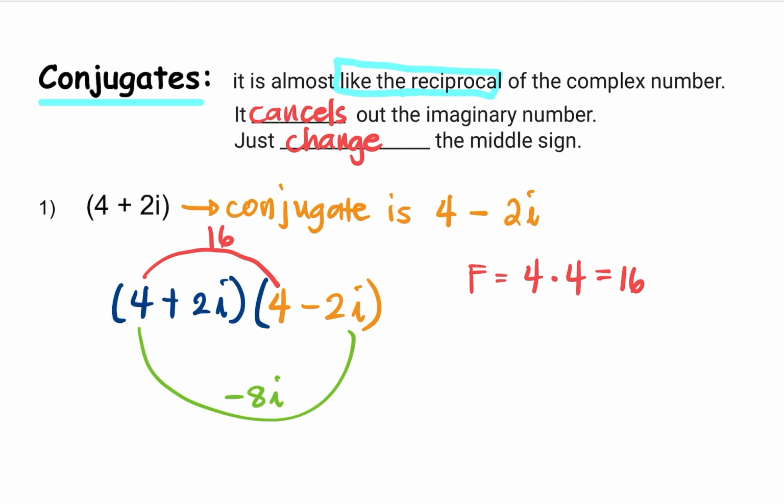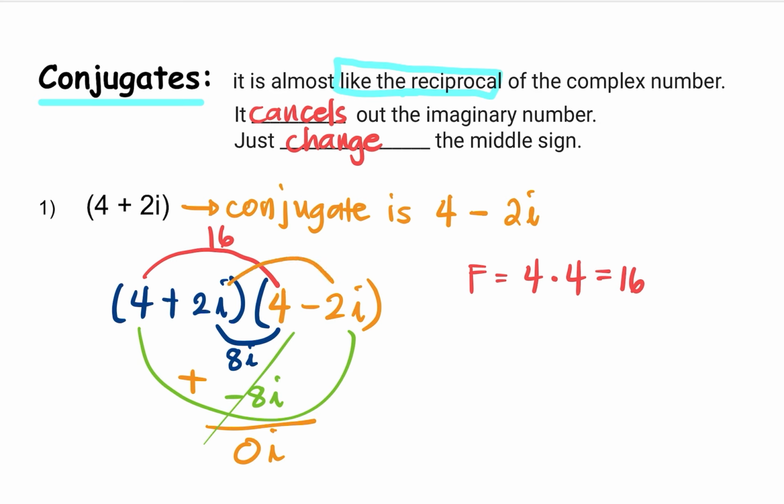And then we have the inner, 2i times 4, which makes 8i. And when we add these two together, 8i plus negative 8i, that makes 0i, meaning the middle term gets canceled out.